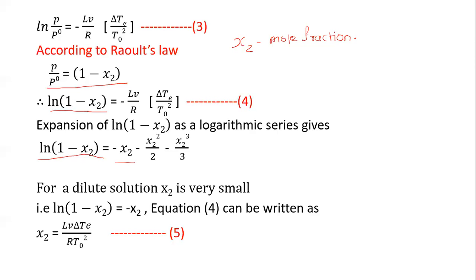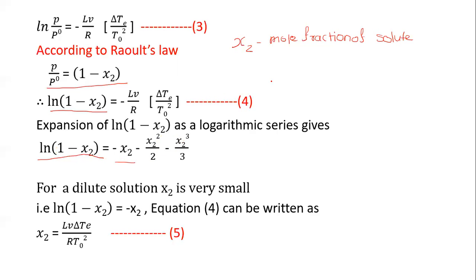The mole fraction of the solute is very small in the case of a dilute solution. It means that the value of x2 becomes very small. So in this logarithmic expansion, ln(1 minus x2), as x2 is very small, we have x2 square upon 2, x2 cube upon 3.